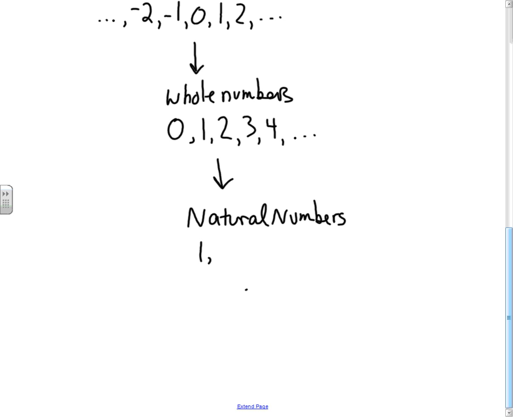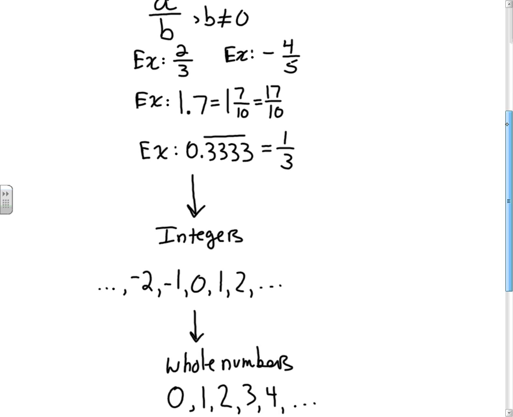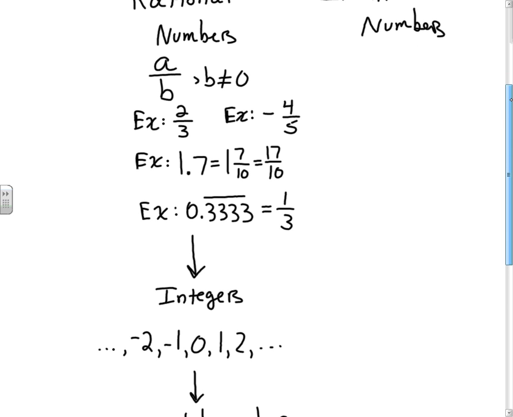Those are 1, 2, 3, 4, 5, etc., so only your positive integers. Since those are integers, the natural numbers are a subset of the whole numbers and of the integers. And all of those are subsets of rational numbers. So everything below are rational numbers.